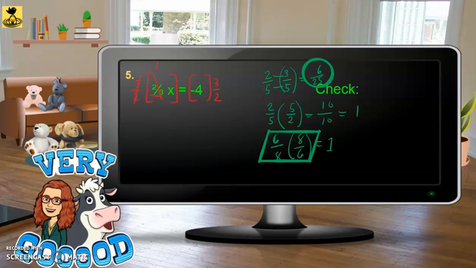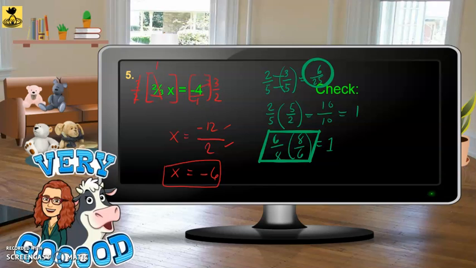And 1x is just x. And negative 4 times 3 is negative 12 over, okay, there's no denominator here, so 1 times 2 is 2. To simplify, negative 12 divided by 2 is negative 6.